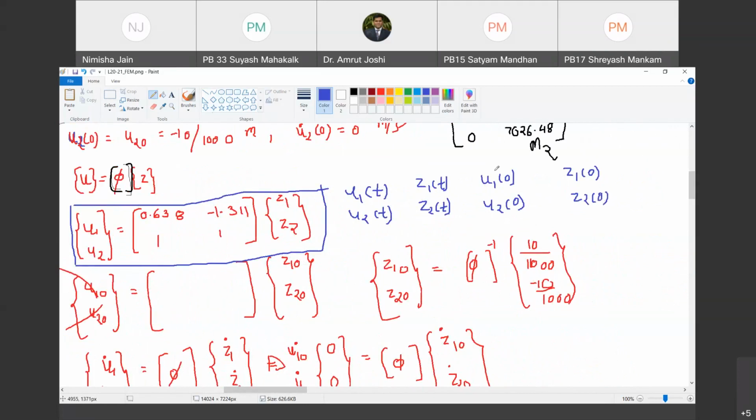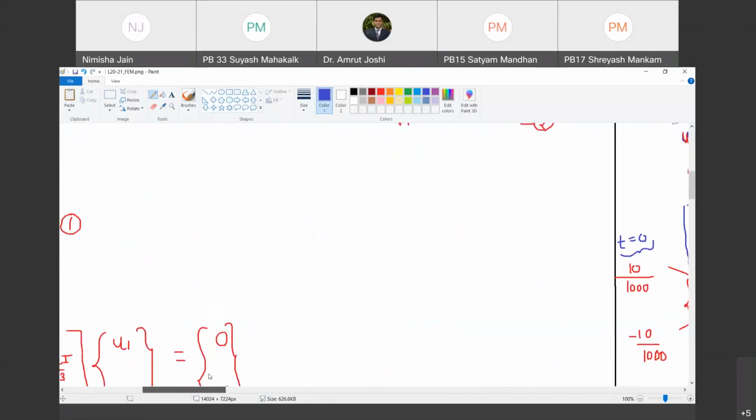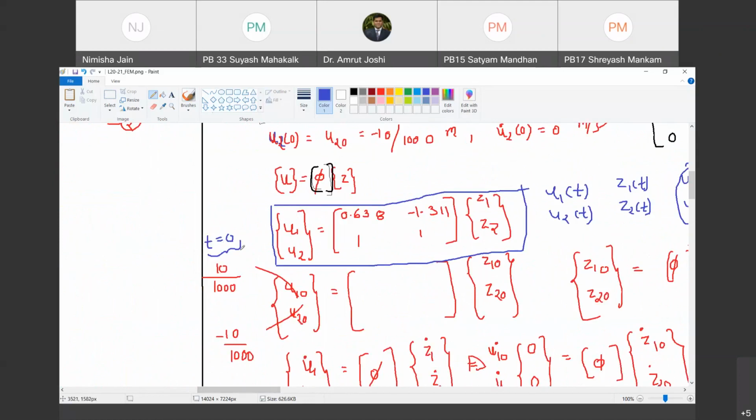Our notation for u1 of 0 is u10, for u2 of 0 is u20, for z1 of 0 is z10, and for z2 of 0 is z20. So I am going to write down this equation at time instant t equal to 0. So I have u10, u20 is equal to this phi matrix multiplied by z10, z20.